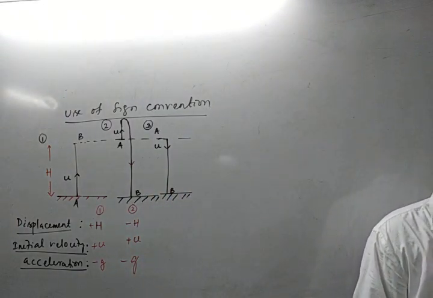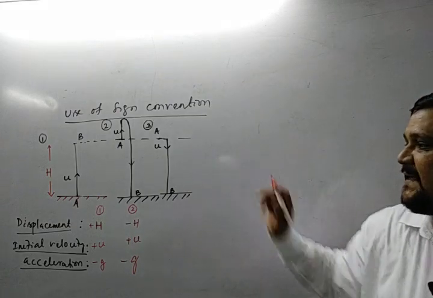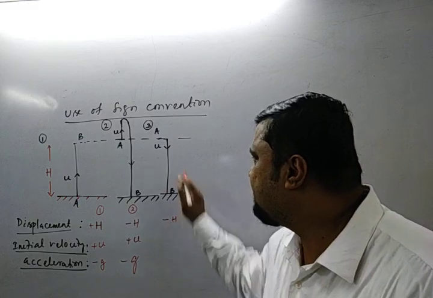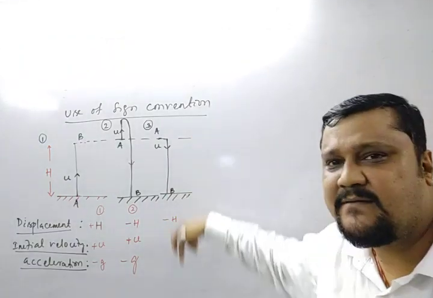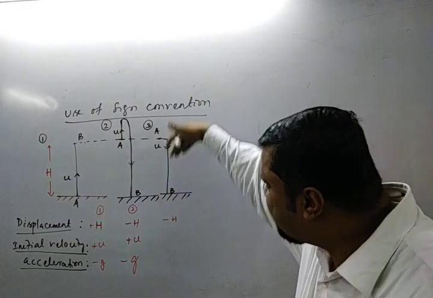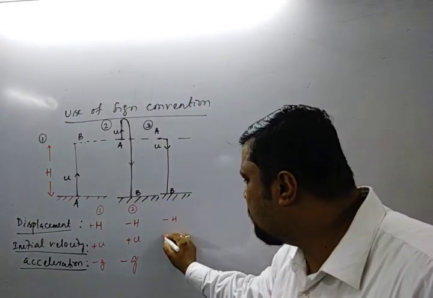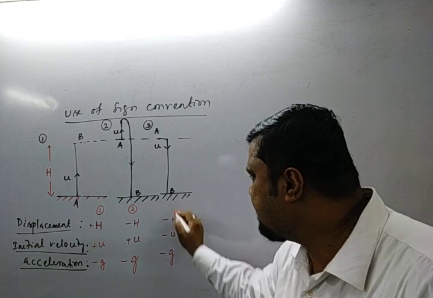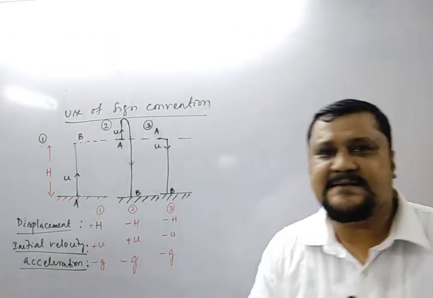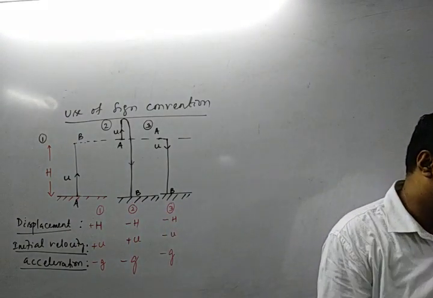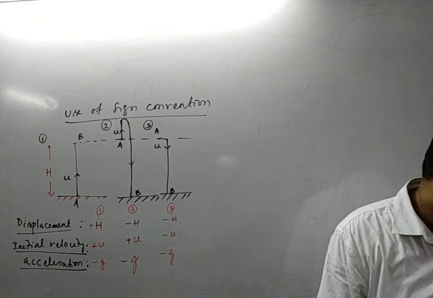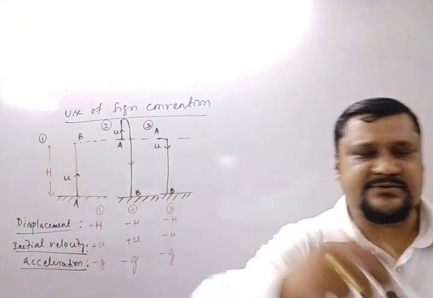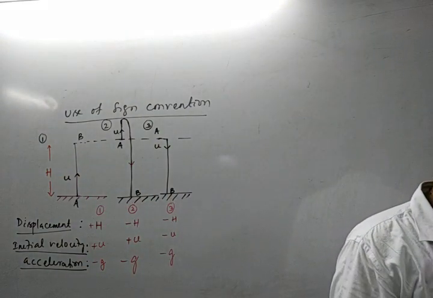Then in figure 3, what about h? Minus h, downward, the displacement covered downward, u is minus u downward, g is minus g. This is the use of sign convention. So these are the sign conventions we use in different situations when the body is under gravity.